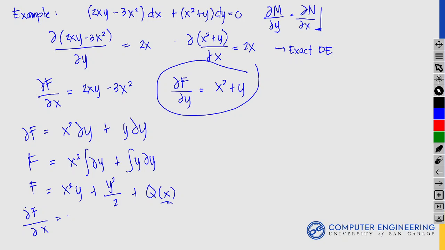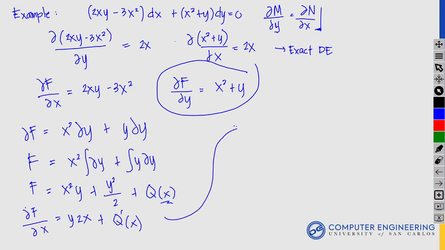So this becomes y times 2x, plus the derivative of a constant is 0, u prime of x. So the partial derivative of f with respect to x is equal to this expression.